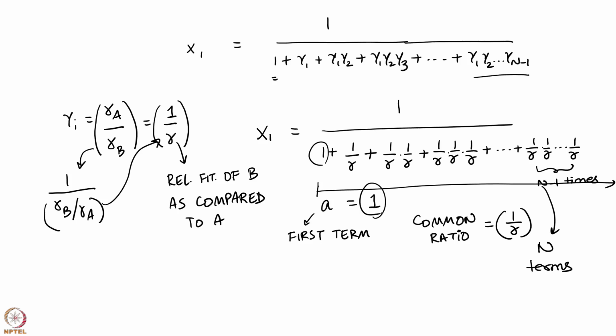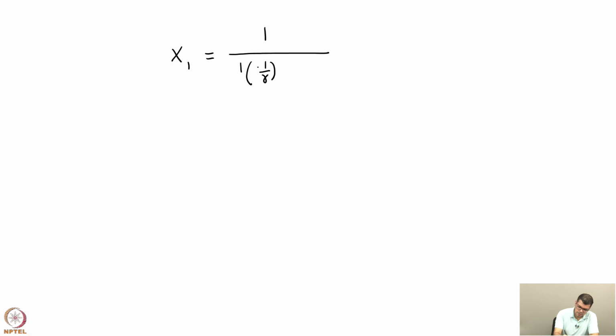First term as 1, common ratio as 1 by R, and there are n terms. So, simply substituting into the formula of geometric progression, I get this expression as 1 times common ratio to the power number of terms minus 1, divided by common ratio minus 1.